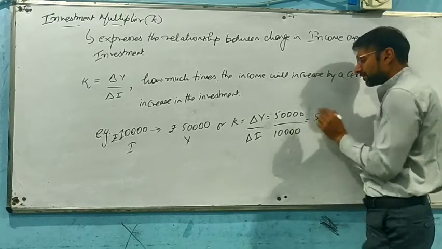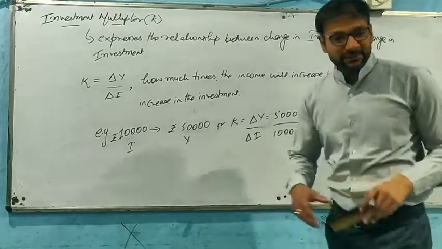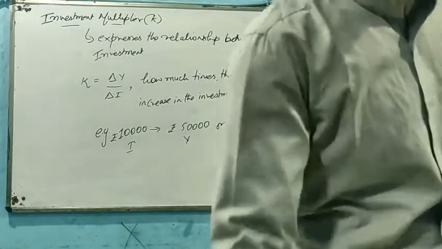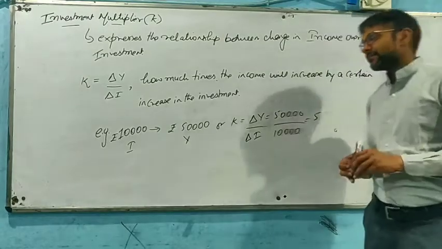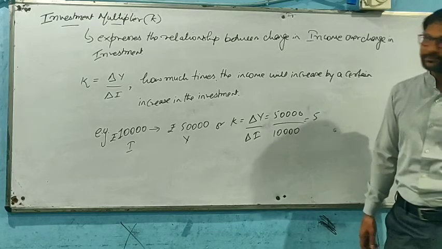It will result in the multiplier with the value K, that is 5. It means 5 times the level of income will be increased by an investment of rupees 10,000 in an economy.